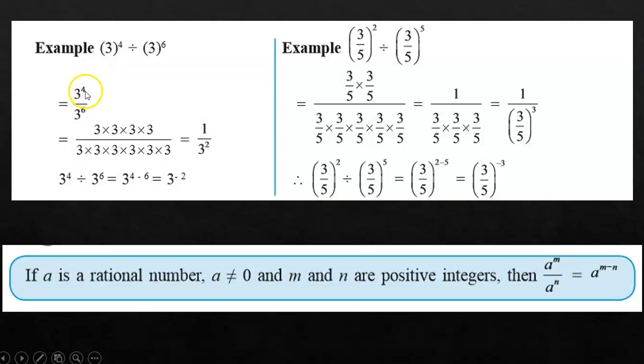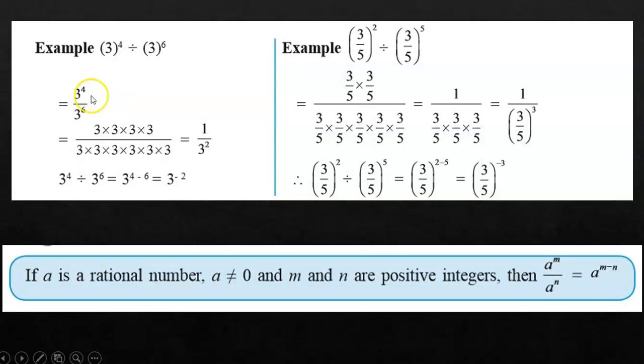In the first case, m is smaller and n is bigger. So what will I have? When I simplify this, 4 threes in the numerator and 6 threes in the denominator, 4 threes will get cancelled. I'll be left with 2 threes. So that is 1 upon 3 raised to 2.